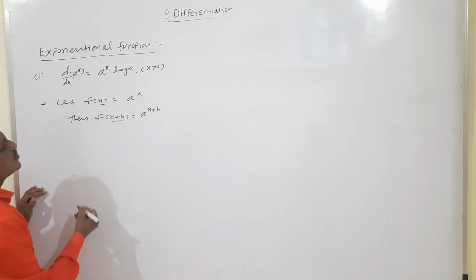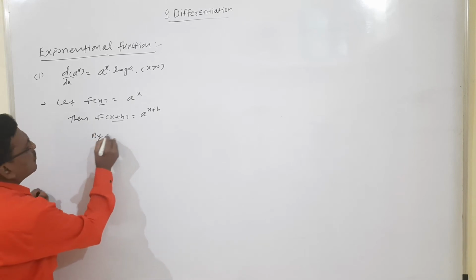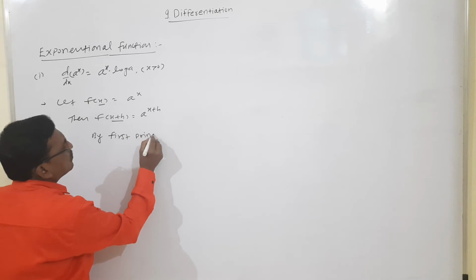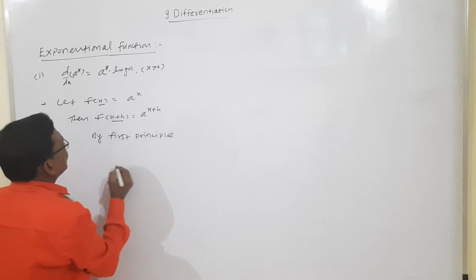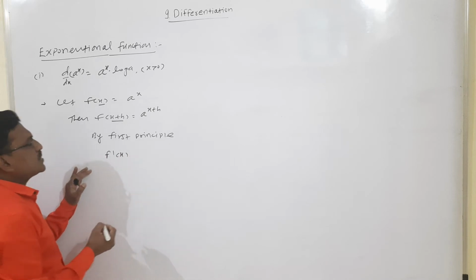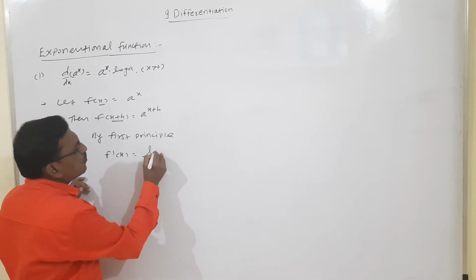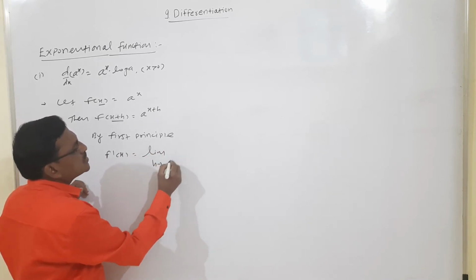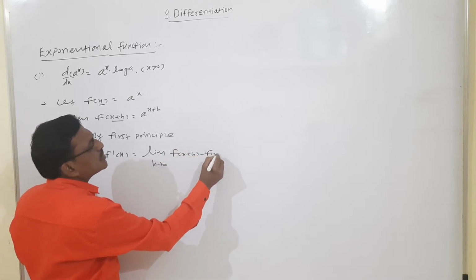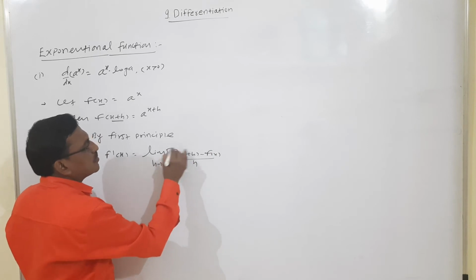Now by first principle, the derivative of f x, f dash x, is equal to limit as h tends to 0 of f of x plus h minus f of x upon h.